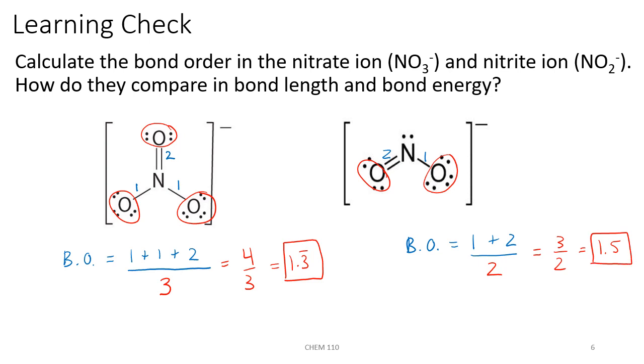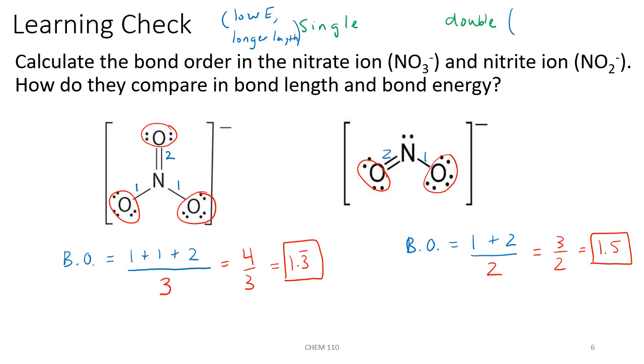Both of our bond orders for nitrate and nitrite fall somewhere in between a double bond and a single bond. If you recall our trend, single bonds versus double bonds, a single bond is going to have lower bond energy, but a longer length between the bonds.